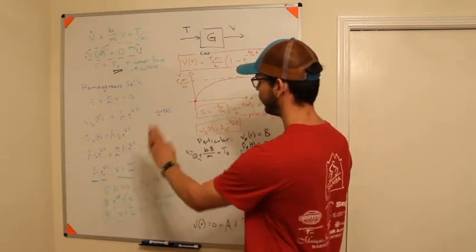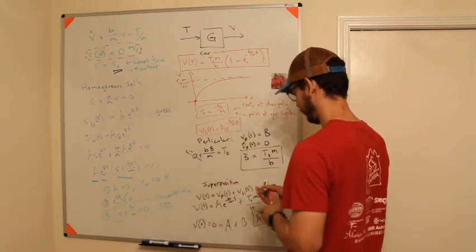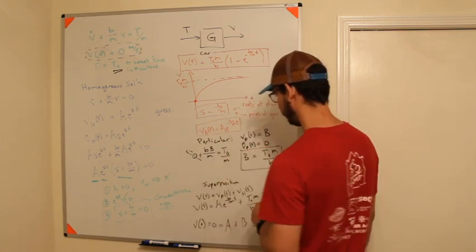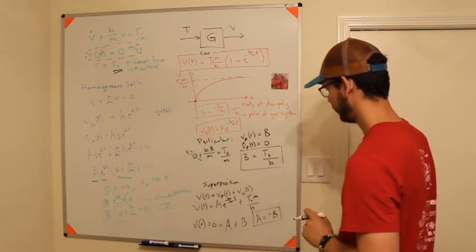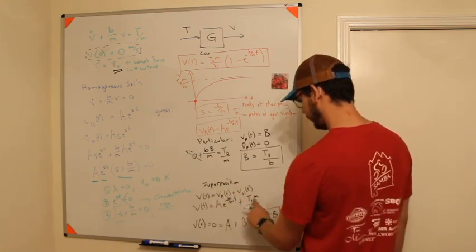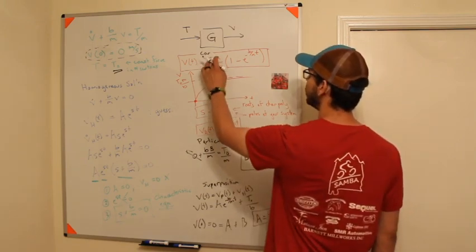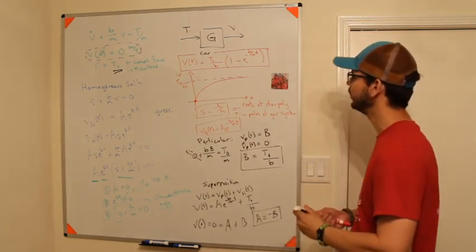What does that change? The homogeneous solution is the same. The particular solution turns into this. The m's cancel, and then that means down here the m cancels. A is still equal to negative b, the m cancels, and the m cancels. Okay, now we're in business.